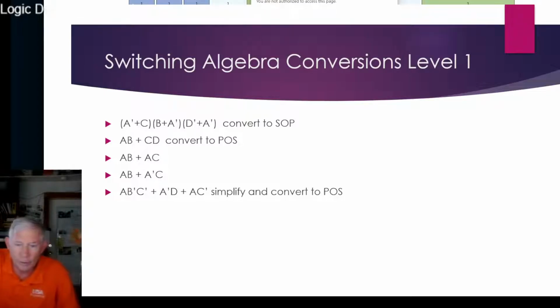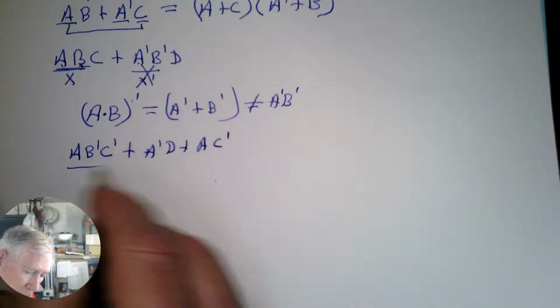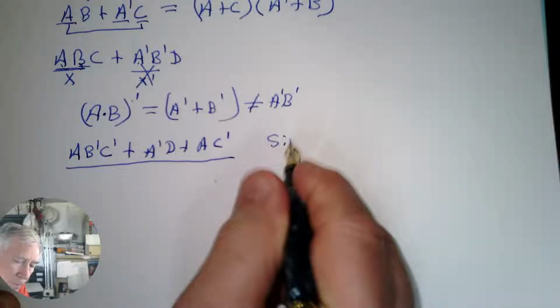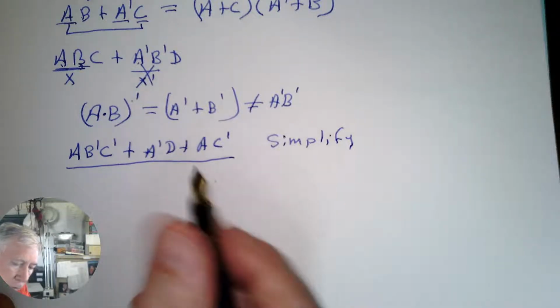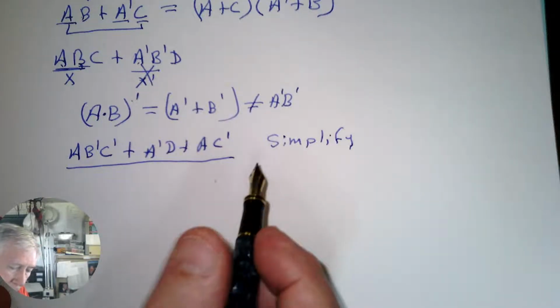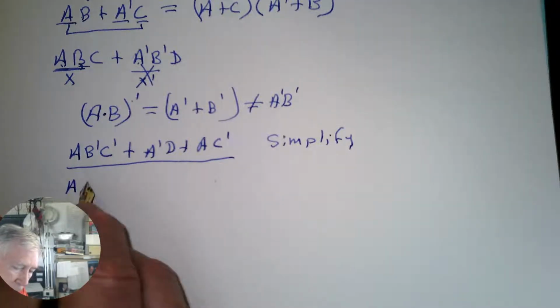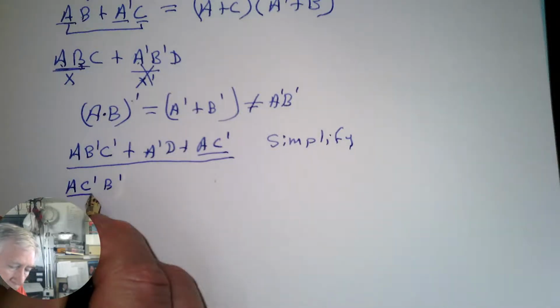All right, so let's switch over here. Now, I copied it down here, okay? Now the first thing, we really want to try and simplify, if possible. So do you see any place where we might be able to simplify? Well, notice we could rewrite this A, C prime, B prime, and here we have an AC prime, here we have an AC prime.